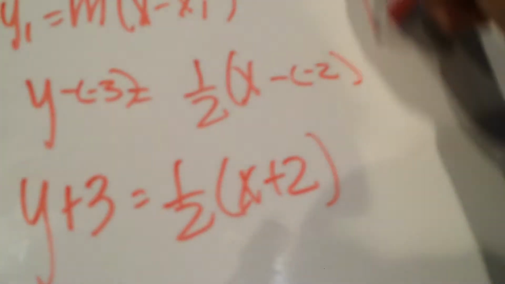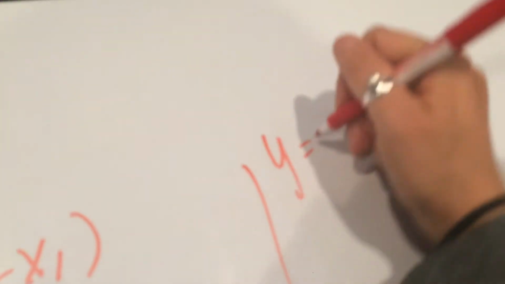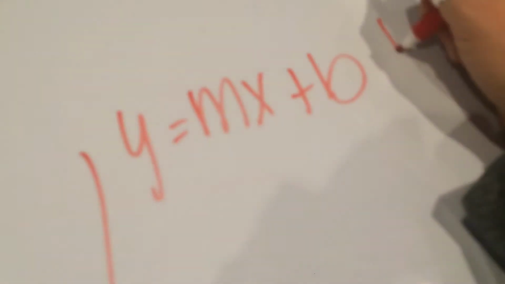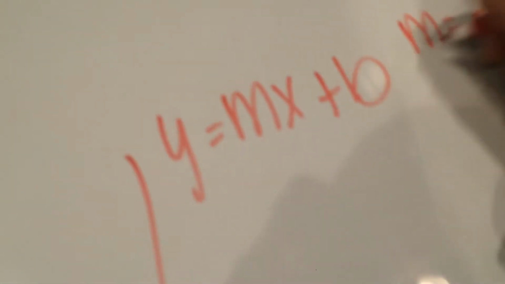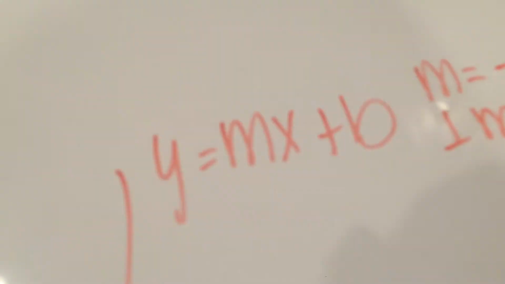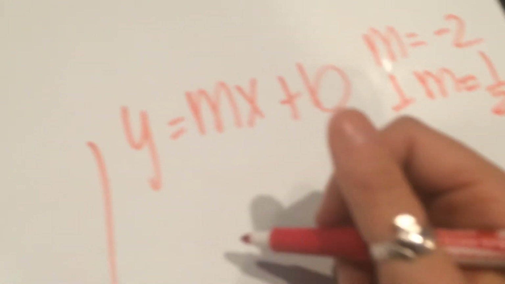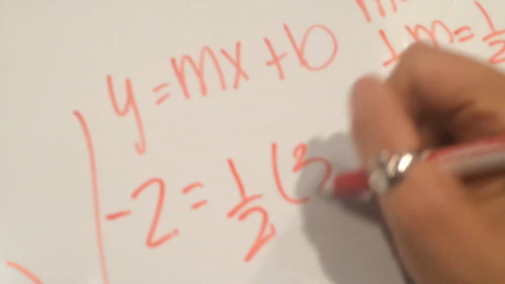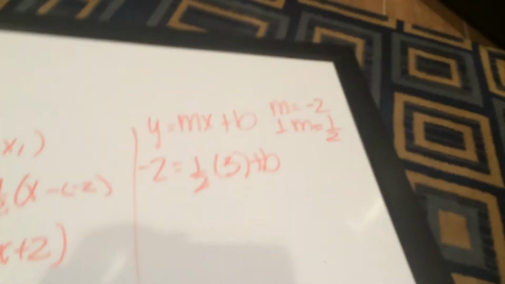Now if I want to do it using y = mx + b. So again, my original slope is -2. To make it perpendicular, it's equal to 1/2. And my point is (-3, -2). So it'll be -2 is equal to 1/2 times -3 plus b. It's beautiful, right?